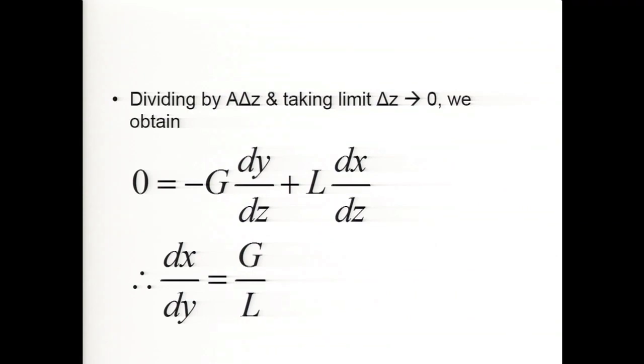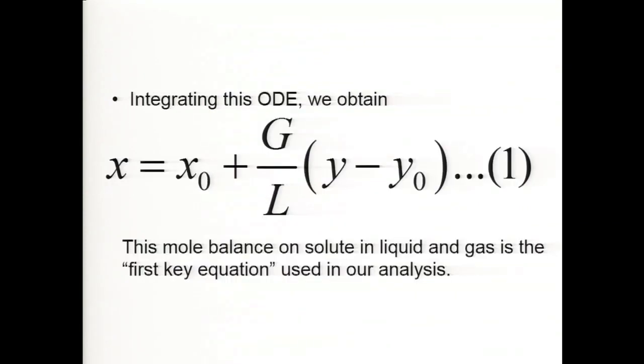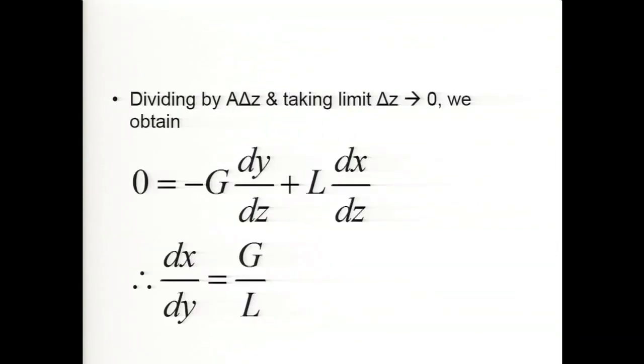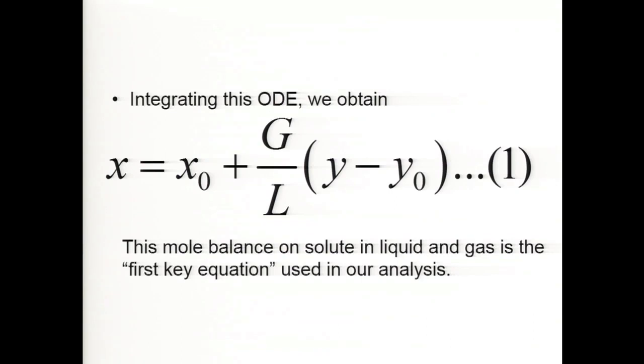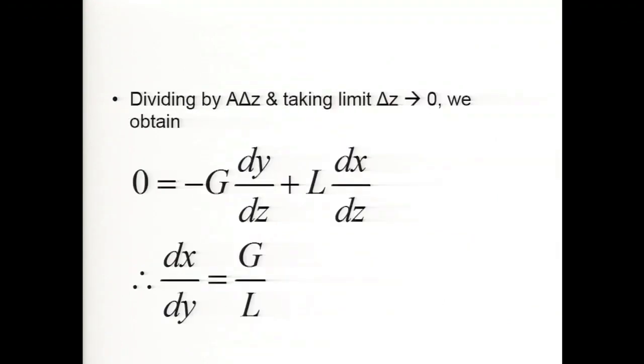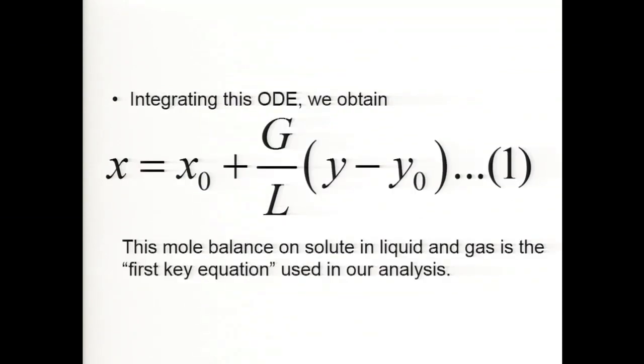The integral of dx equals G by L dy will give you x equal to x0 plus G by L times (y minus y0). This is a differential equation written at any point, so it's local. After integrating we get x equal to x0 plus G by L (y minus y0).